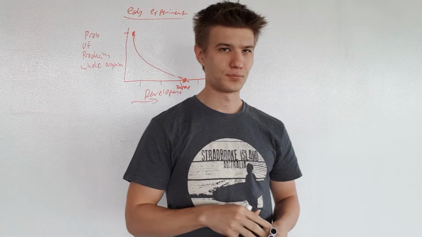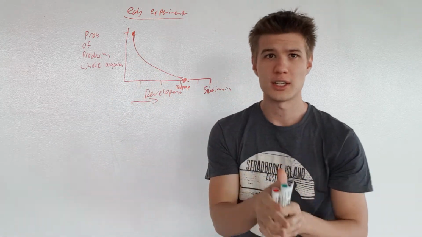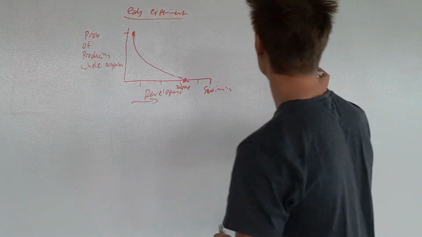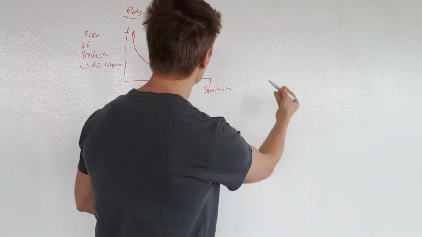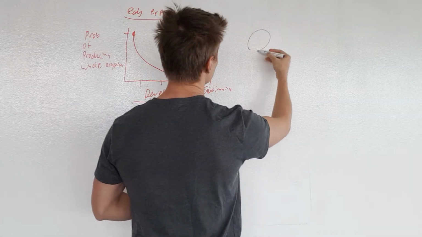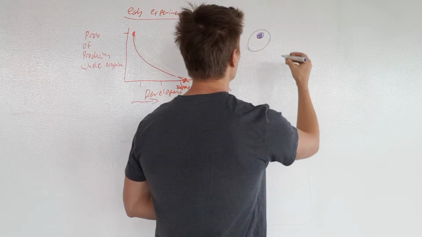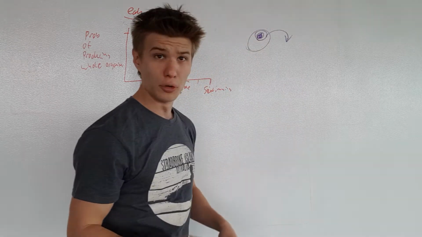Right? So what were the later experiments? The later experiments were done using the nuclear material. So we take a developed cell. It has a nucleus and it has its DNA in it, right? And we take that nucleus out of the fully developed cell.